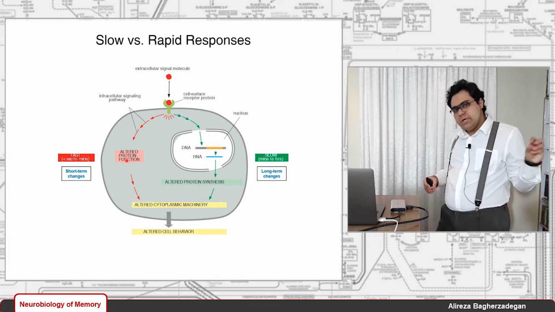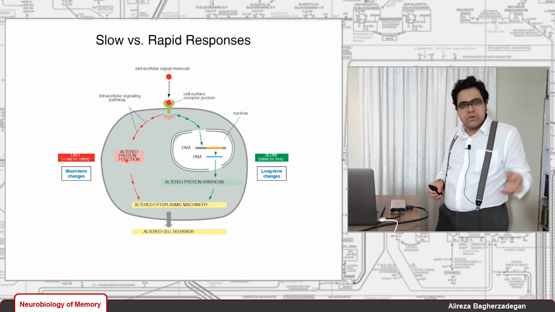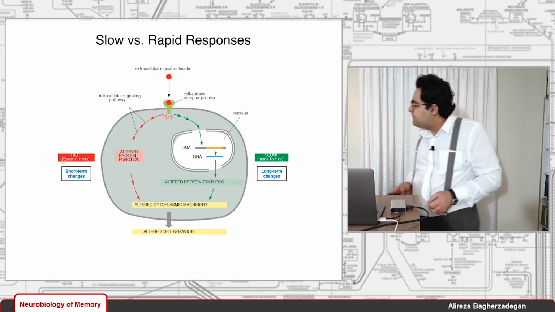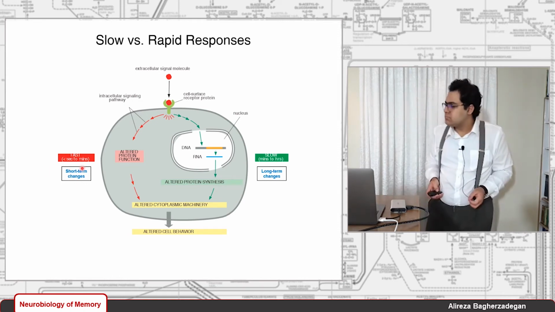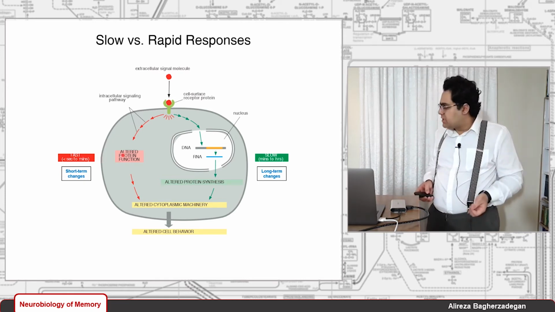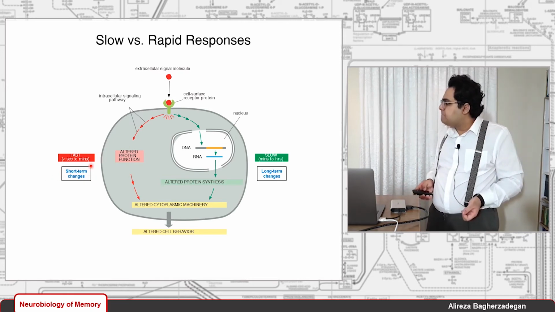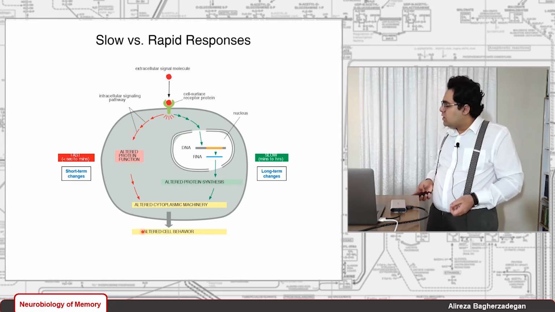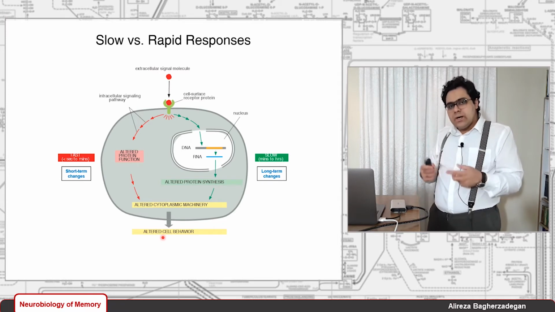That phosphate can be easily removed by another enzyme. And it only lasts seconds to minutes. And it happens very fast, again because of those enzymes. So this is why this is called a rapid response, because the events which are required for altering the cell's activity happen very fast.